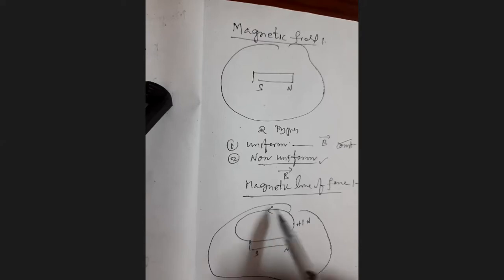For example, in this magnetic field, if you keep the unit north pole, it can move along this line, north to south, like this. So this is the magnetic line of force.